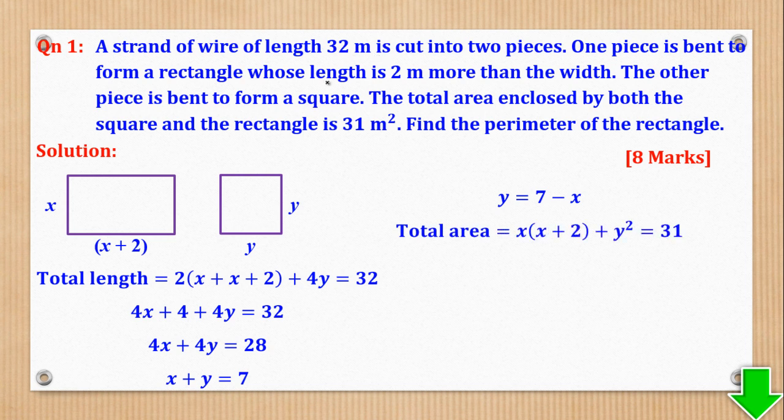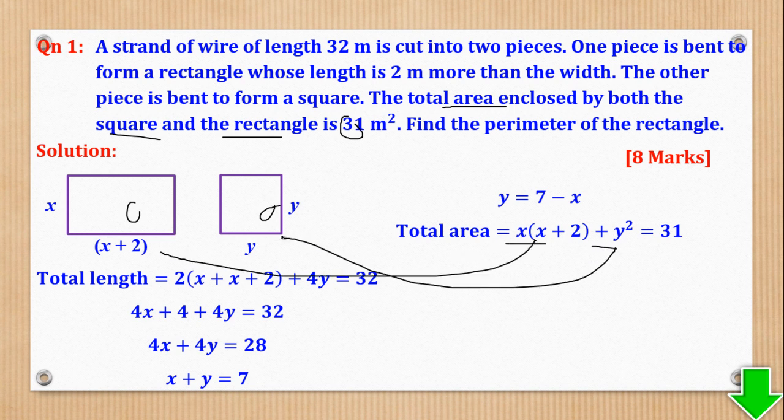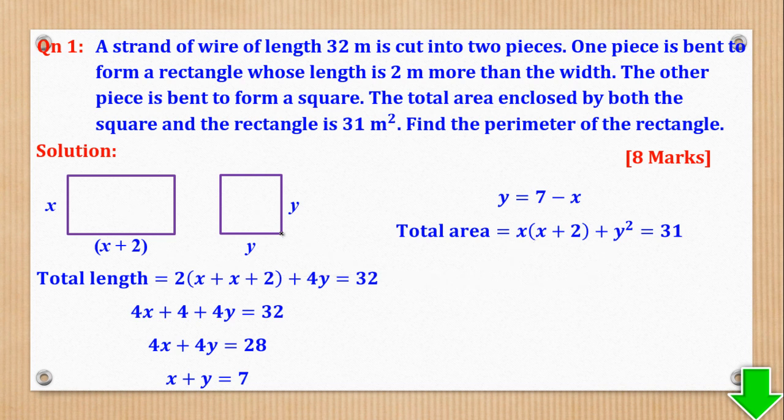Then about total area, they also told us the total area enclosed by both the square and the rectangle is 31 meters squared. So the area of this plus the area of this must be equal to 31. So this is the area of the rectangle, and this is the area of the square. Add them, you'll come up with 31.